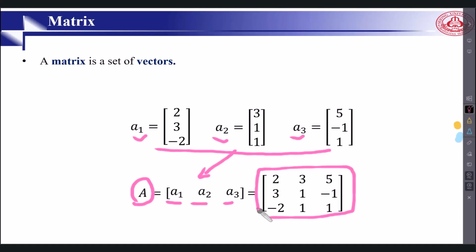A matrix is officially defined as a mathematical structure that consists of an ordered set of numbers or elements that we arrange in rows and columns. So this is one row and this is one column.